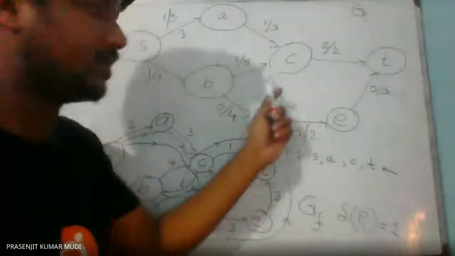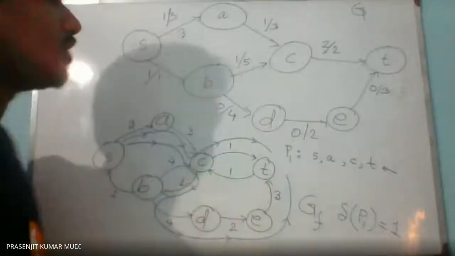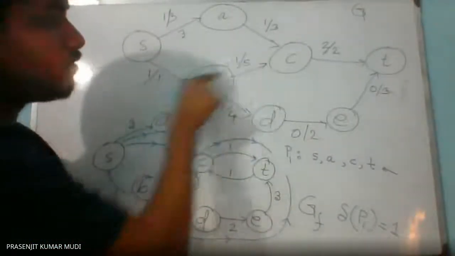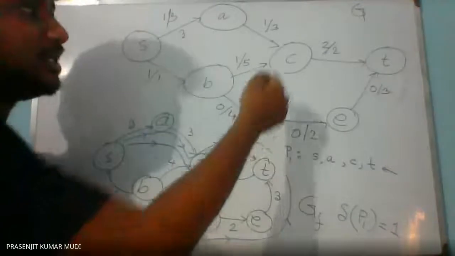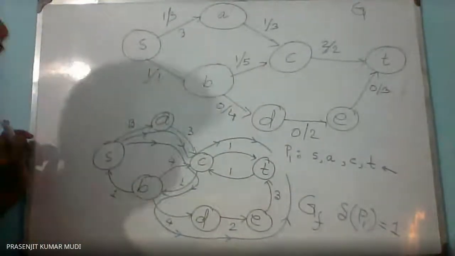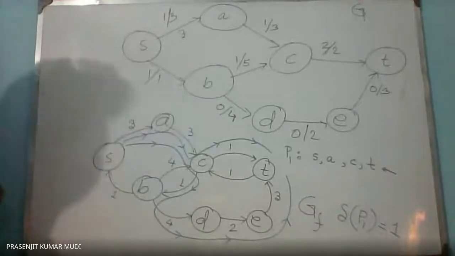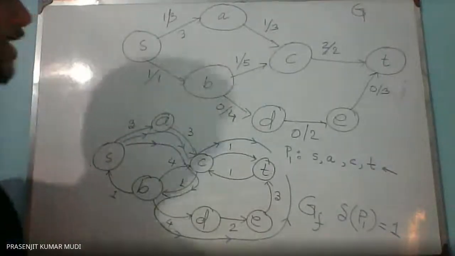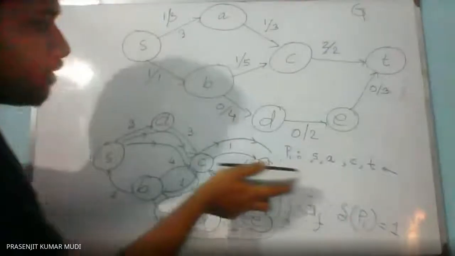Is it okay now? Providing delta P is equal to 1, you are decreasing the flow by an amount of 1. So it will become 0/5 along B to C, which is equivalent to increasing flow from C to B by 1. So very good question and very important concept. Anyway, so we have now constructed.